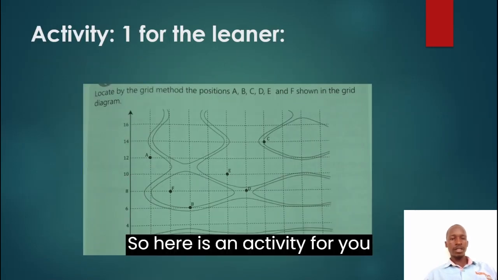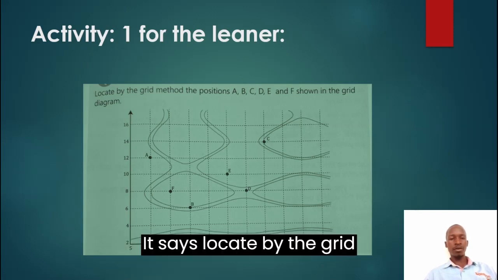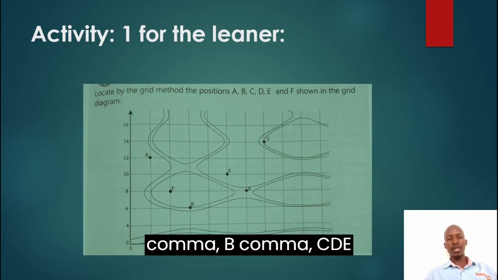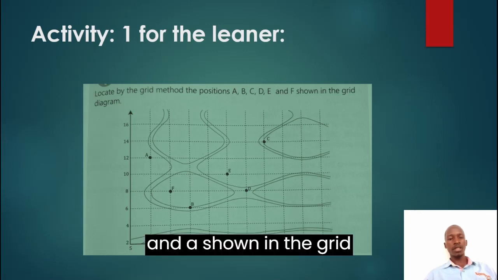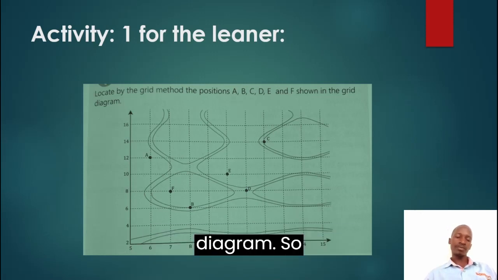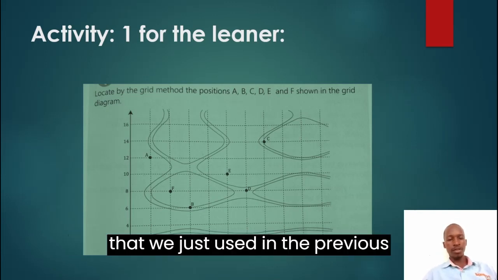so here is an activity for you as a learner. Try to test yourself. It says, locate by the grid method the positions A, B, C, D, E, and F shown in the grid diagram. Precisely, you need to use the knowledge that we've just used in the previous slide.